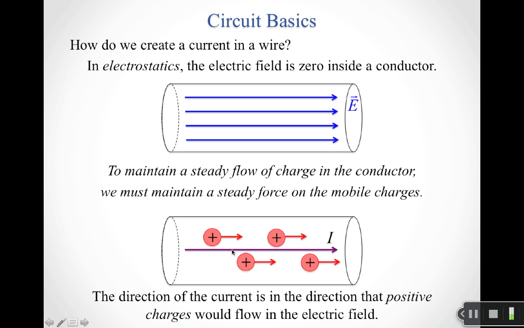We're going to pretend that the direction of the current is in the direction that positive charges would flow within the electric field. So here we have an electric field that's pointing to the right. Positive charges would feel an electric force pointing to the right. They would move to the right. So we're going to let that be the direction of current flow.